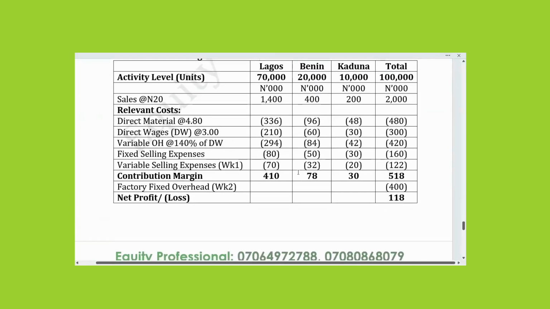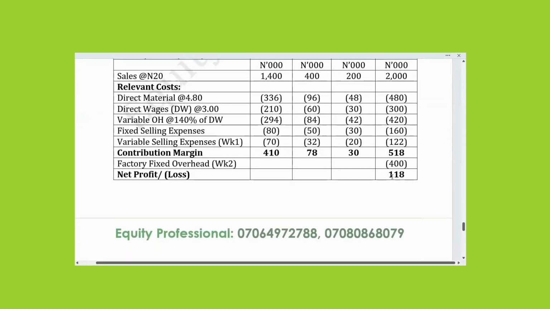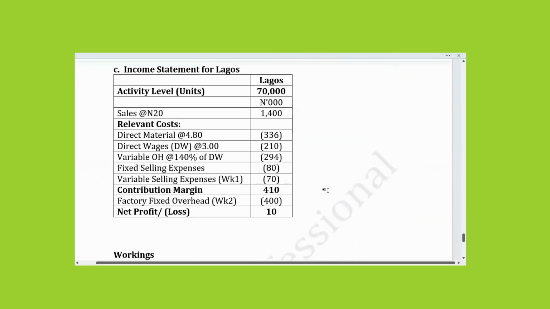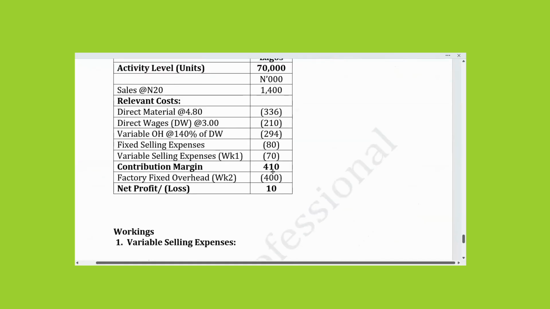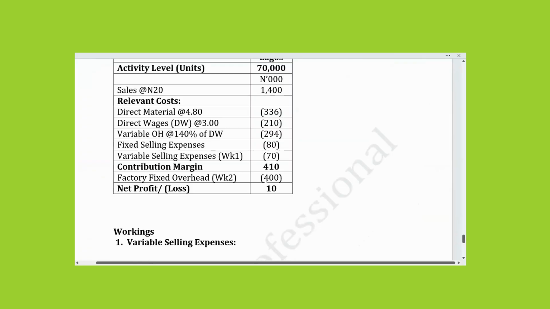Then we were asked to redraft the statement using the contribution margin approach, and the 118,000 net profit still remains. Then for the second statement, if Benin and Kaduna depots are closed down, whether you call it budget statement, historical statement or income statement, it is the same thing, the total profit of this company has reduced to 10,000.